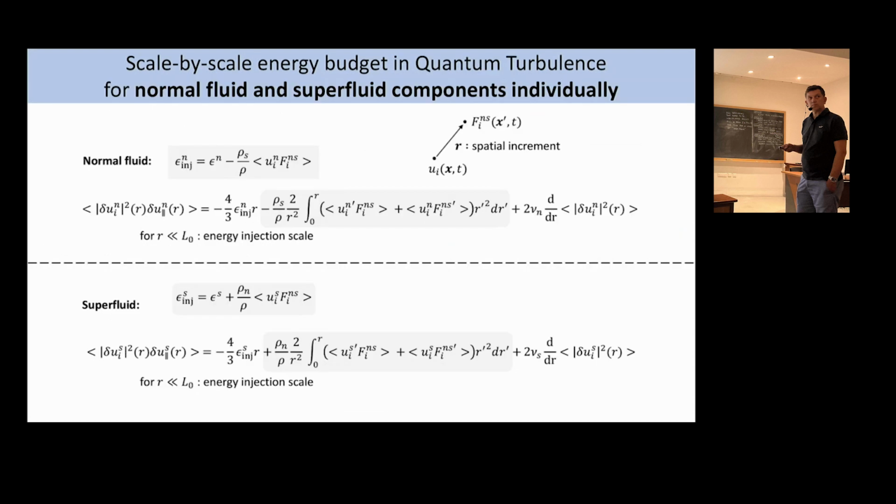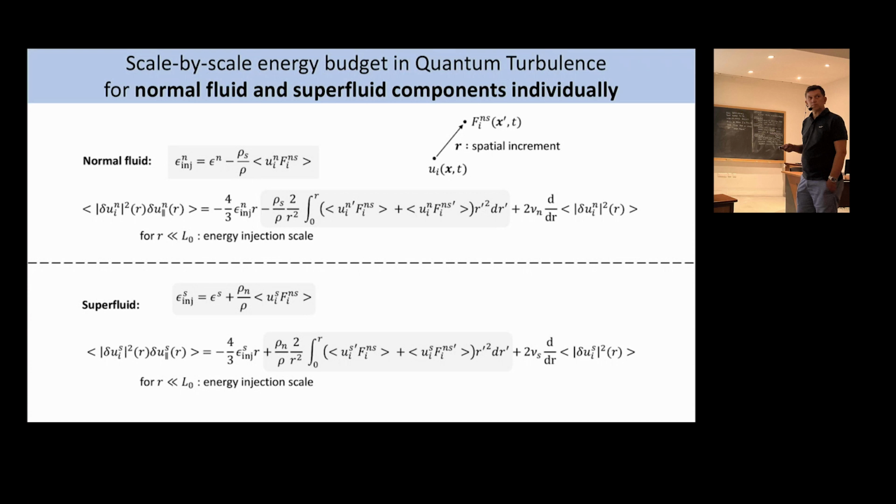So in the context of quantum turbulence, you can do the same with your system of two coupled Navier-Stokes equations. Individually for each component, for the normal fluid, what you inject in the normal fluid is dissipated by the viscosity of the normal fluid, and there is a loss of energy by mutual friction.